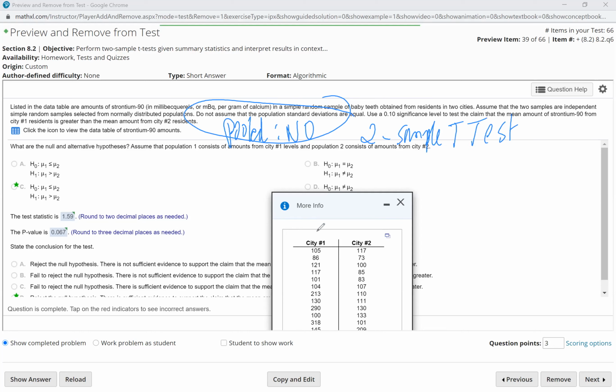But you have to put the data from city 1 in L1, data from city 2 in L2, and then when it comes to two-sample t-test input, you select data. You choose L1, L2, you choose the alternative hypothesis, and which is what here? It's a greater than, and you hit calculate.